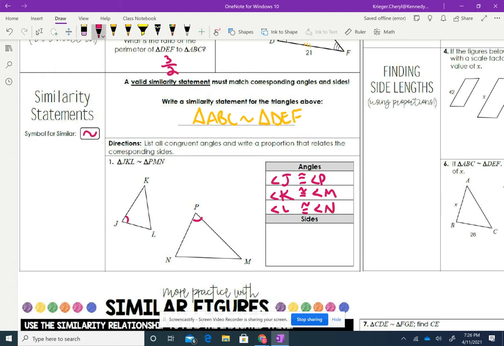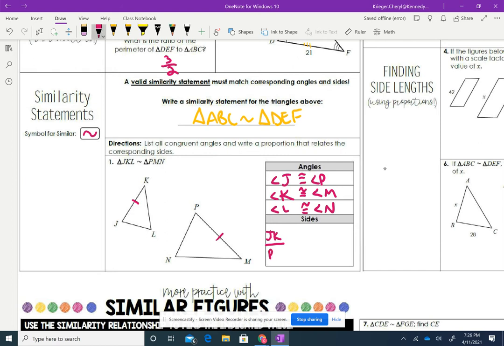And then we have the similar sides, the proportional sides. So let's go ahead and say JK is proportional to which part? So JK is proportional to PM.